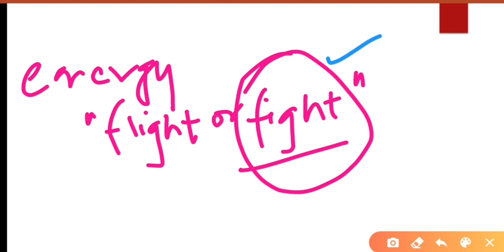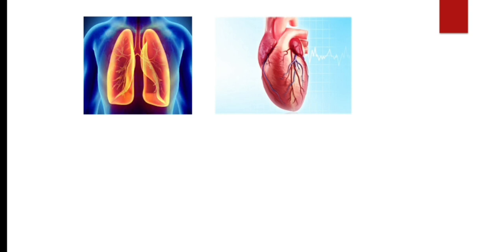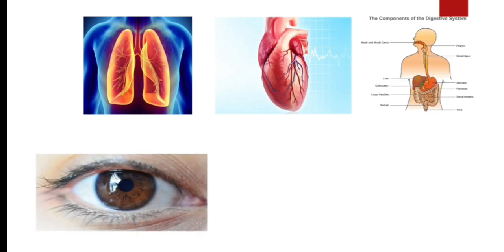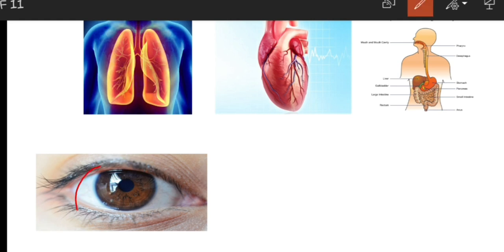During an emergency situation, the sympathetic system takes necessary action. For example, it dilates pupils. The pupil is the round hole present in the center of the iris of eye.